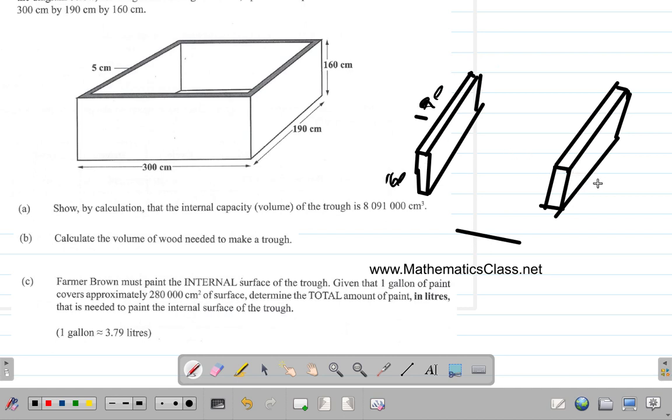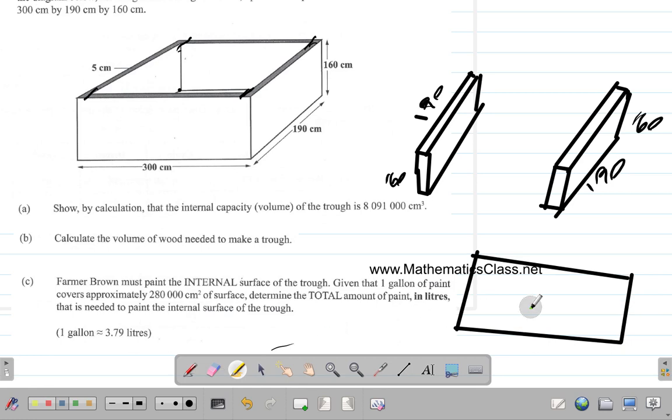If you make this one 190 and the height 160, then the middle one wouldn't come all the way out to 300, if you fit the middle one between them. If this piece of wood goes all the way in length, the middle one wouldn't be 300, right? So the piece of wood in the middle would have to come in.